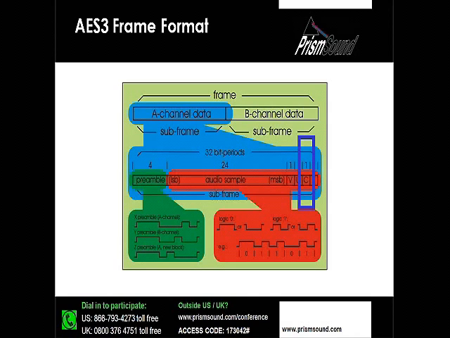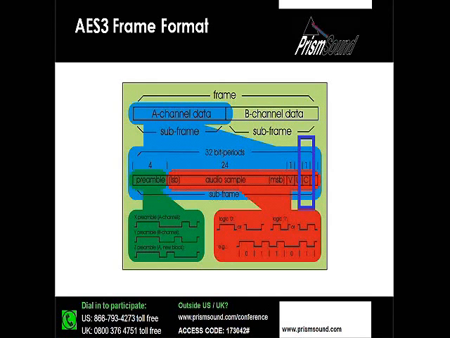The other bit, the user bit, is undefined. You can stick anything you want in there. And then, of course, the parity bit has to do with an even parity that's presented in time slot 31, such that all preambles will start at a transition in the same direction, and that's important for identification purposes.